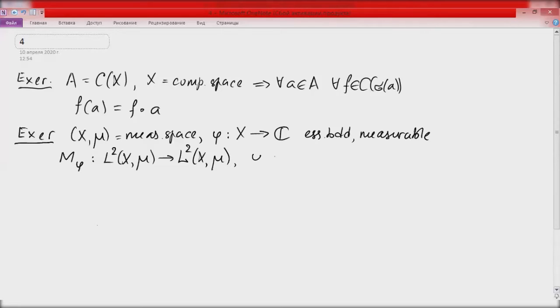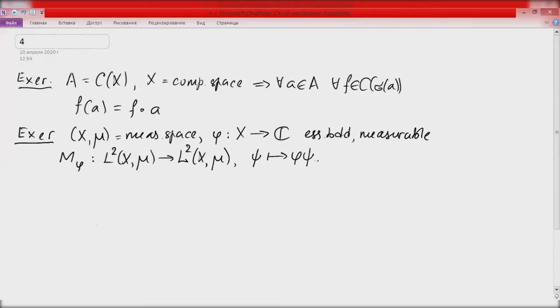So this is just the pointwise multiplication by phi. This is one of the most classical and useful and important examples of a normal operator on a Hilbert space.